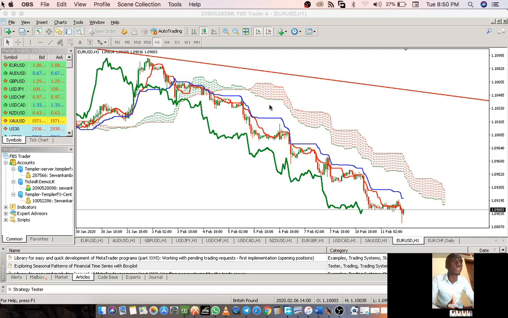It has to form a resistance line in its future, showing that this market is coming down as well. So after you've seen the cloud and the Chikou span telling you the same thing, when they are speaking the same language, then the only thing left for us is the signal lines.